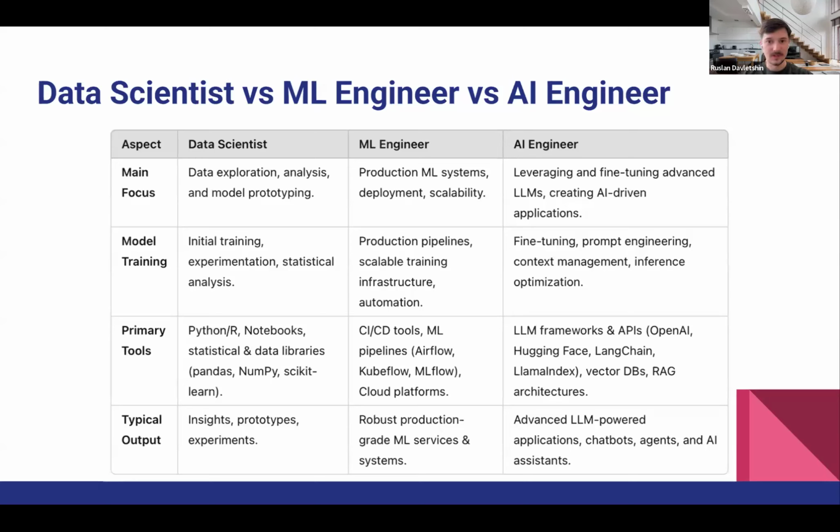So the AI engineer is kind of between these two roles, because in the LLM world we have state-of-the-art models, and usually we don't have to train our own LLM. So the AI engineer takes a ready LLM and fine-tunes it for current tasks.